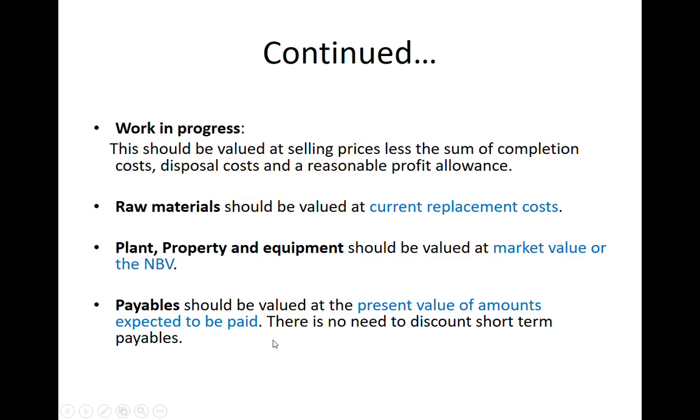Then payables, you take payables as they are because you don't expect your creditors to reduce for you simply because you're going to be acquired. So the payables remain at their present value of amounts expected to be paid.